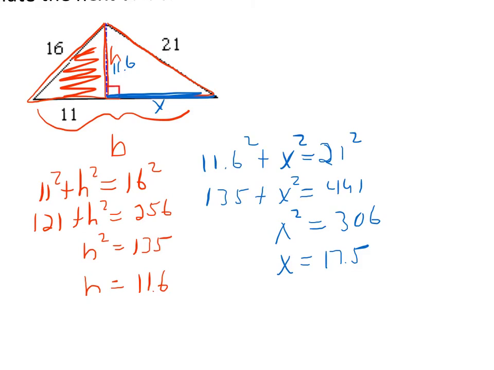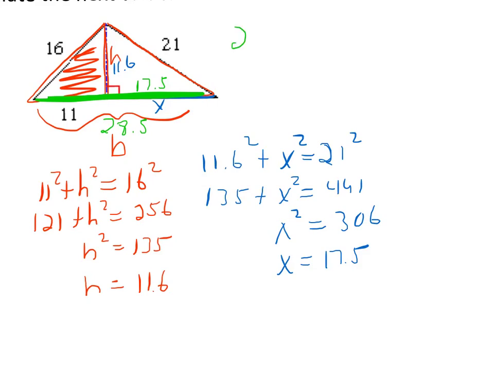Now we need, 17.5. We need base times height. So here's the base. So if I add those two together, my base becomes 28.5. The 11 plus 17.5. My height is 11.6.